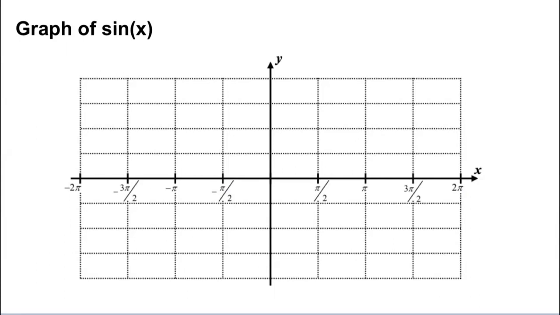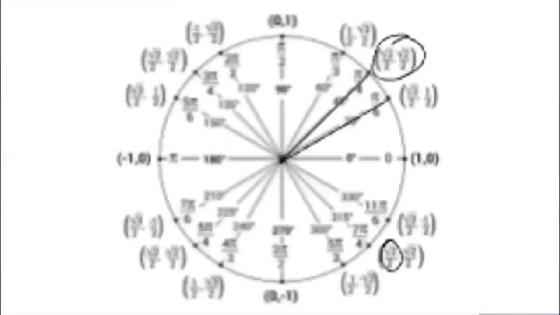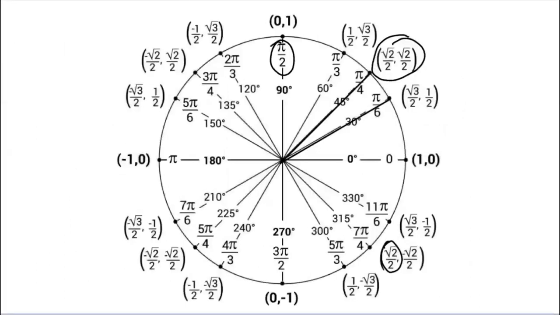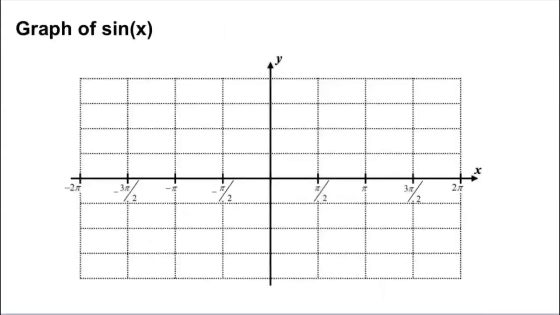I only have the quadrantal angles here, which are only the angles on the unit circle which form a right angle. So these guys only. That's why you don't see it there. That's just to simplify the graph, because with the graphs of sine of x, cosine of x, and tangent of x, you really just need to know the shape. That's the most important part.